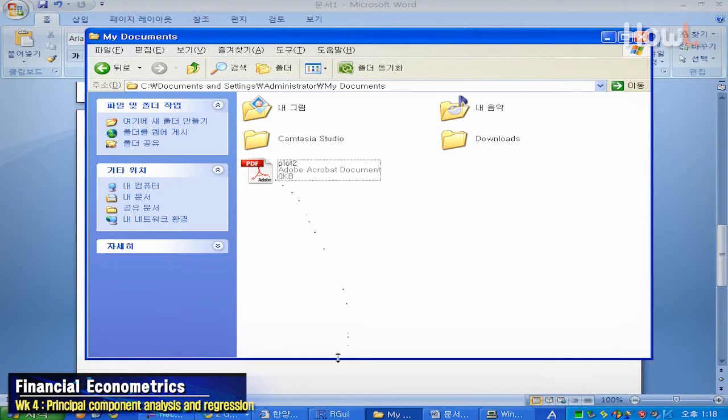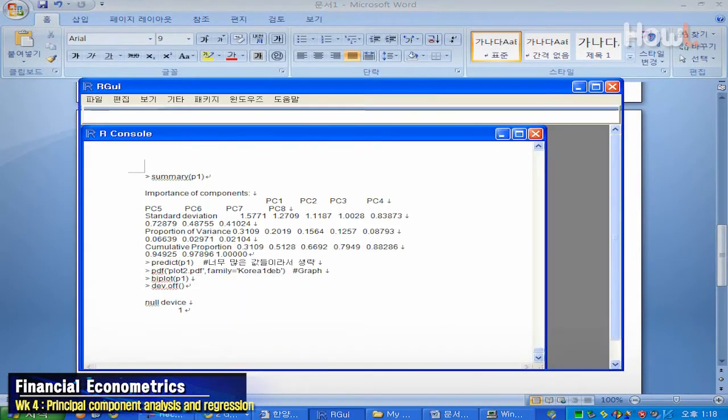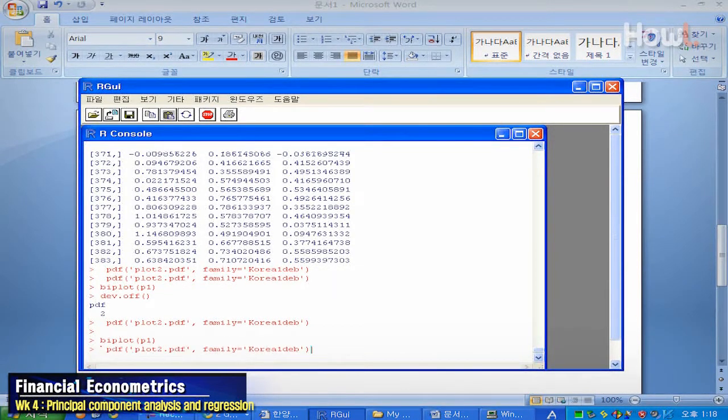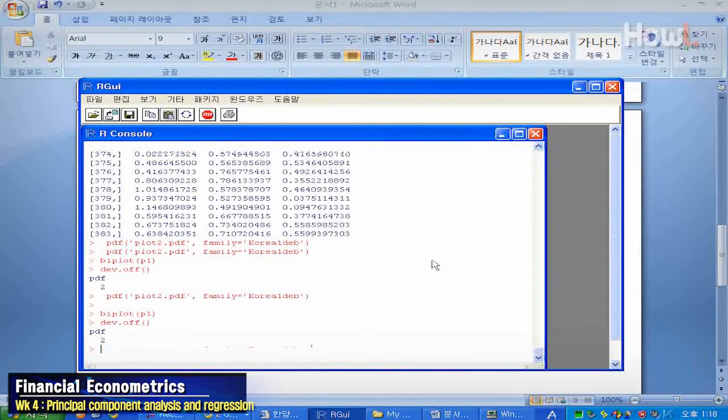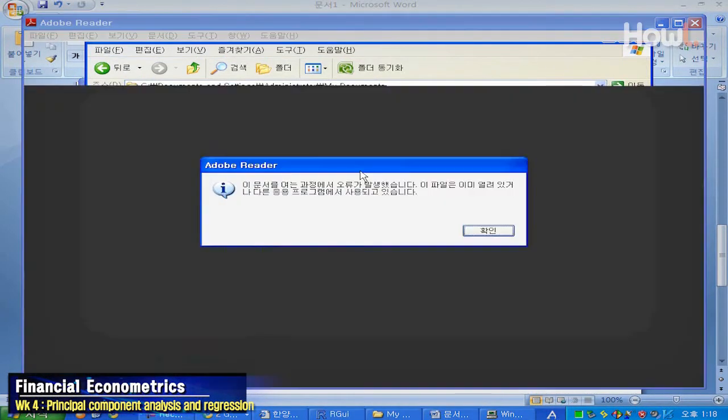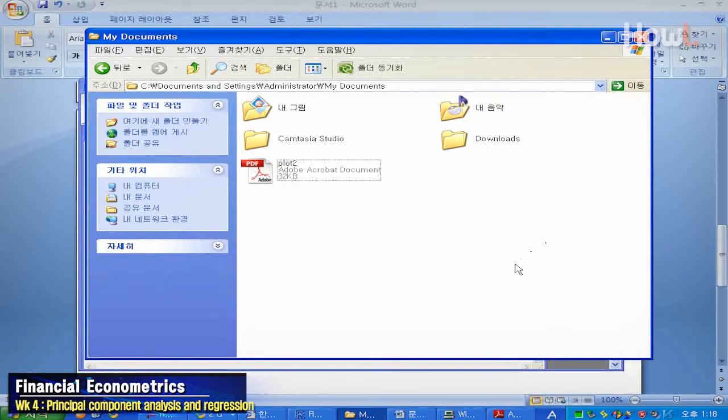Yeah. So after making the order like this, dev.off. Right. And let's try it again. Okay.